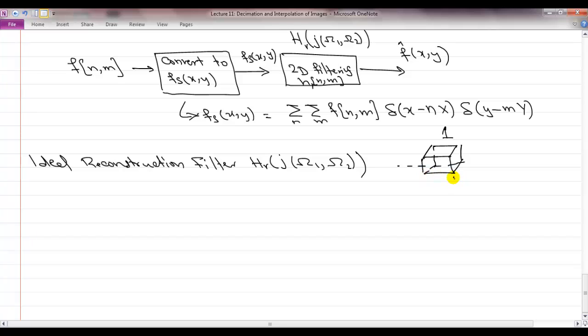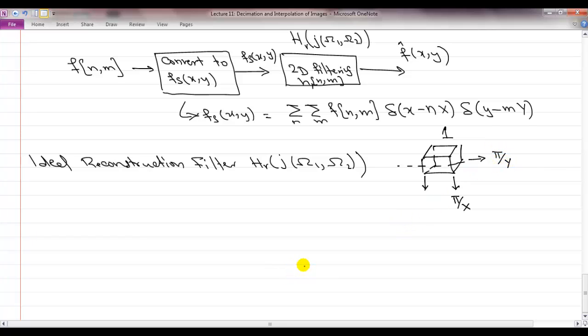Okay, it cuts off everything. It cuts off everything in the x direction which is bigger than pi by x. Okay, and in the y direction it cuts off everything which is bigger than pi by y.